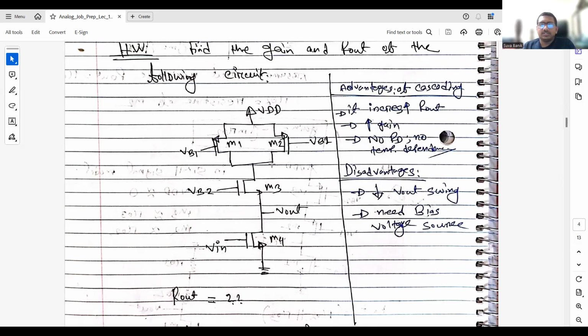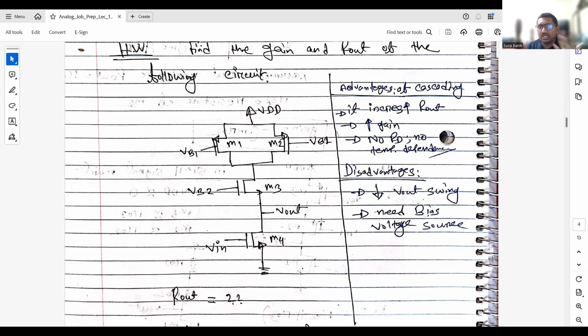The advantage of cascading is that it helps us increase the R out, and if we can increase the R out, then it helps us increase our gain. As there is no RD, meaning there is no active resistance, there is no temperature dependency. Resistance depends on temperature.